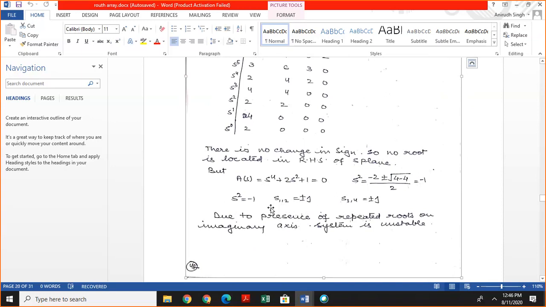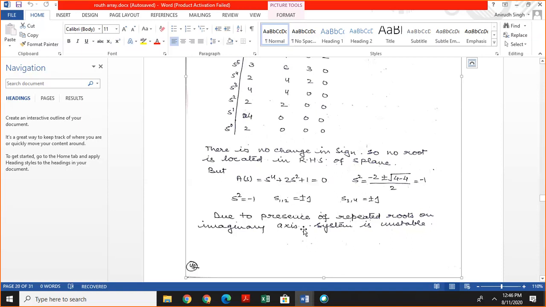You can calculate the roots of this equation.